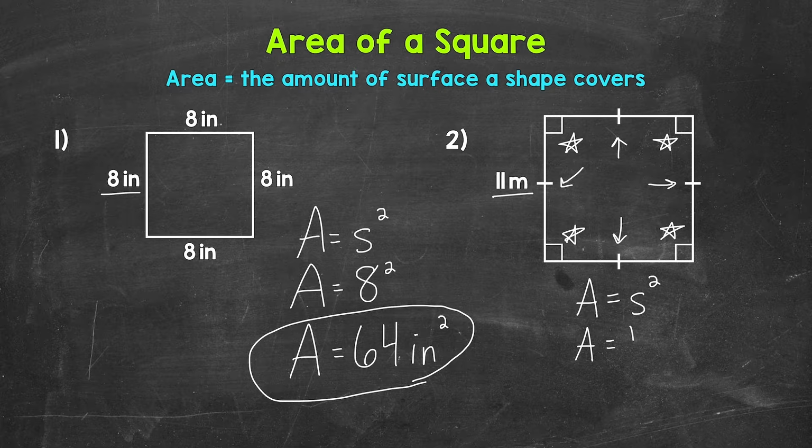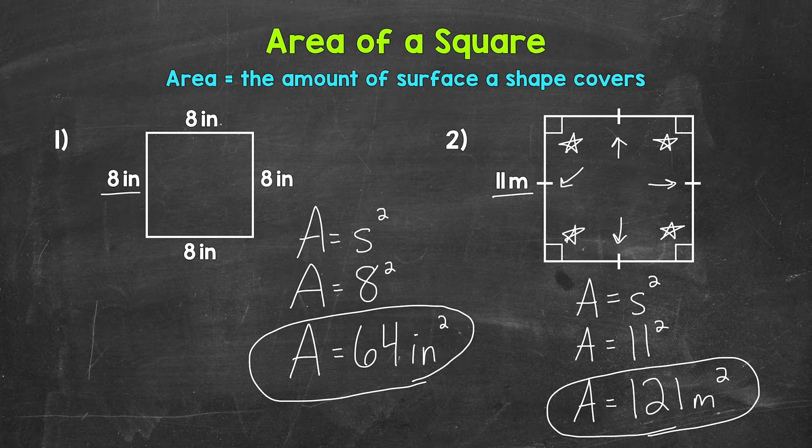So let's plug in 11 meters for the side length. So 11 squared, that means 11 times 11. That gives us an area of 121 square meters. So there's how to find the area of a square. Let's move on to finding the area of a triangle.